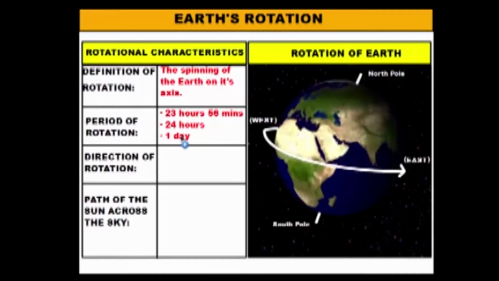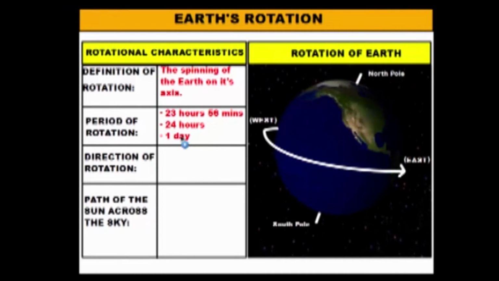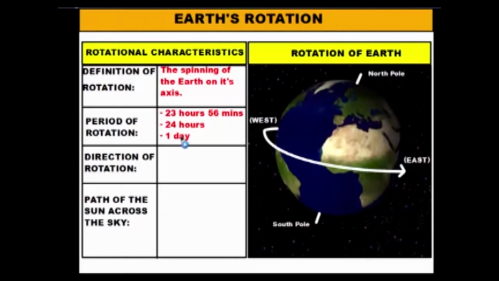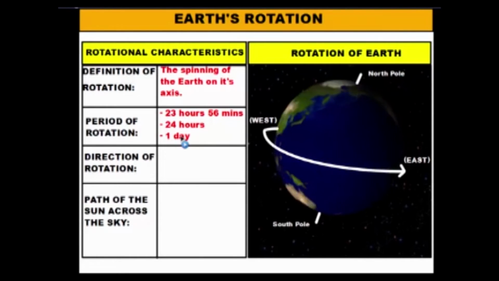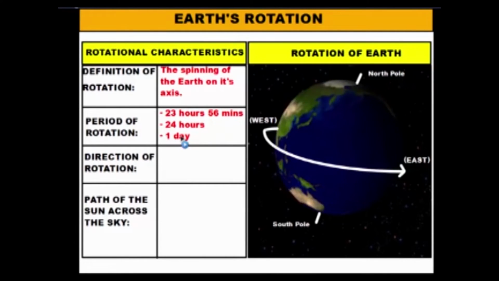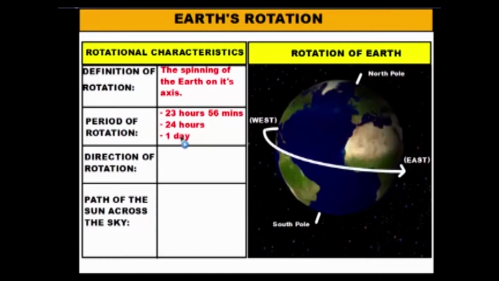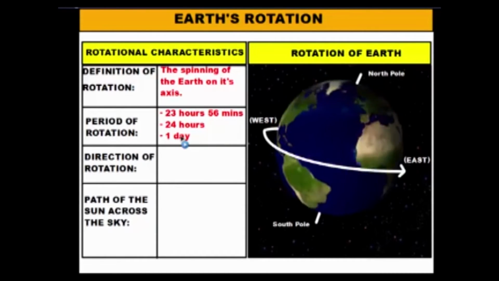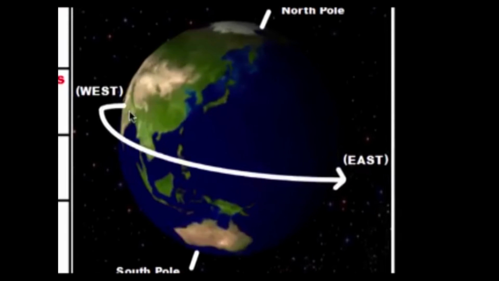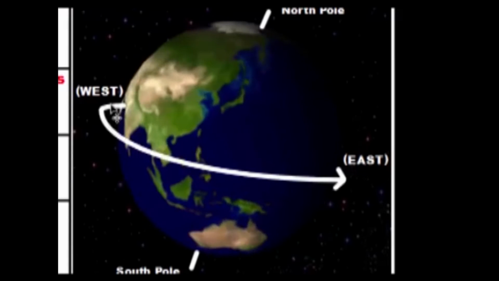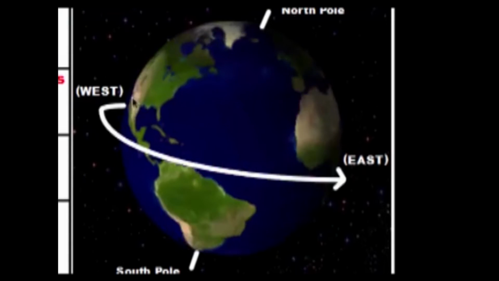If we round it off, that's 24 hours, and that makes 1 day. So the complete period of rotation of the Earth is 23 hours and 56 minutes, or 24 hours, or even a day. If you move from Monday, Tuesday, Wednesday, Thursday, Friday, Saturday, and Sunday, each day is a complete period of rotation of our Earth. That's how simple it is.